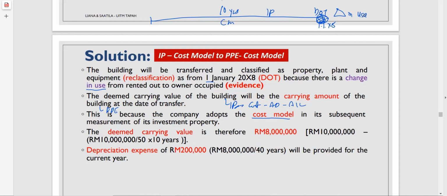As the company adopts the cost model, the deemed carrying value of the IP would be 8 million. Why 8 million? 10 million is the initial cost, and throughout these 10 years you have provided depreciation.